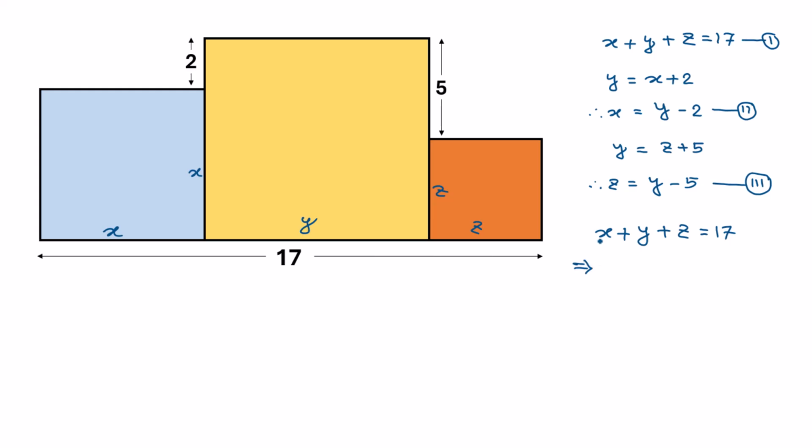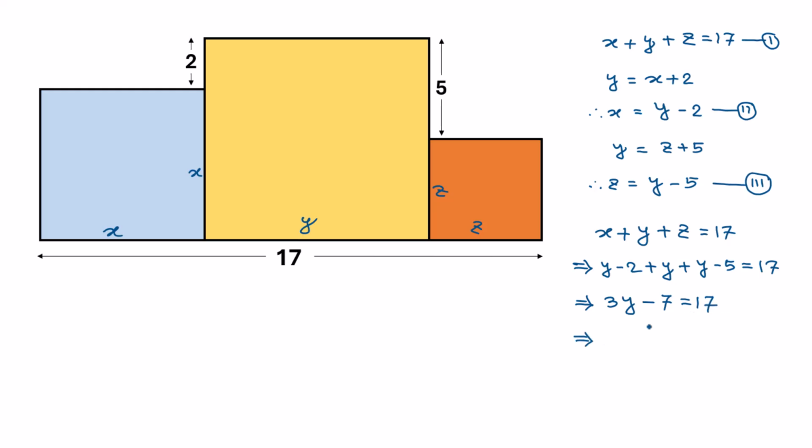For x, from equation 2 we have y minus 2, plus y, plus z, which is y minus 5, is equal to 17. So this y and this y and this y make 3y, and negative 2 and negative 5 make negative 7. So 3y minus 7 is equal to 17.